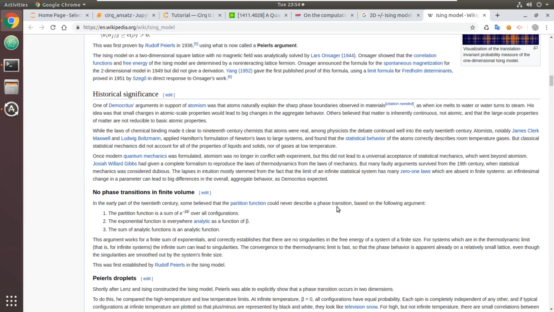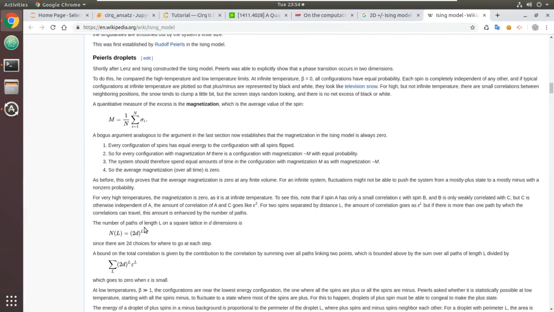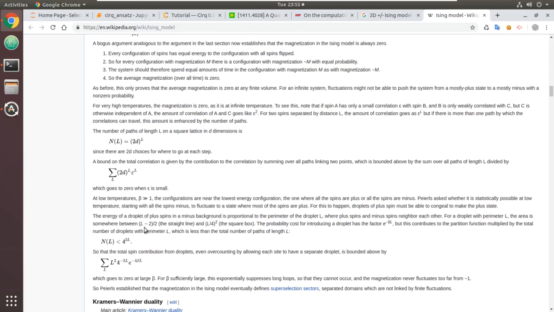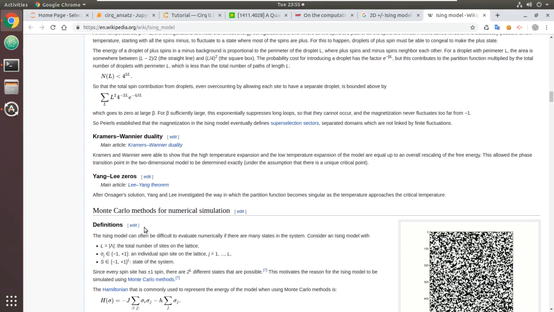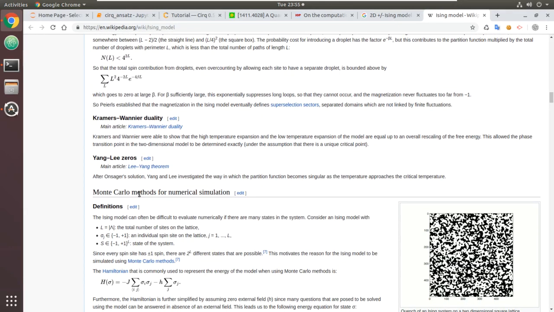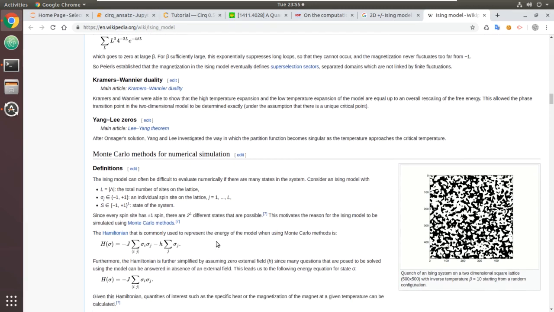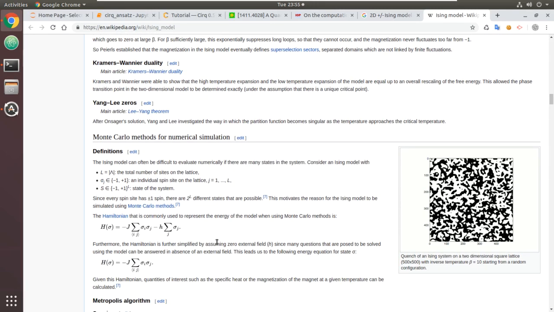Can I describe a phase transition based on the following argument? The partition function. Droplets. That's super interesting, though. Monte Carlo methods for numerical simulation. Quench of an Ising system on a two-dimensional square lattice.